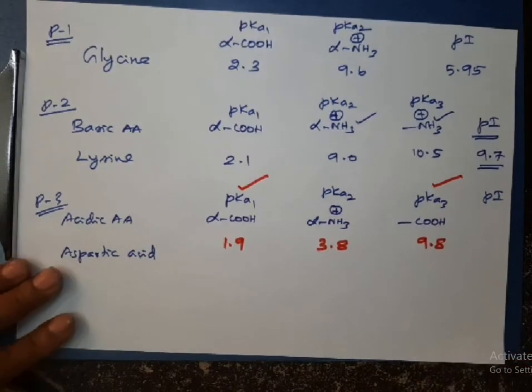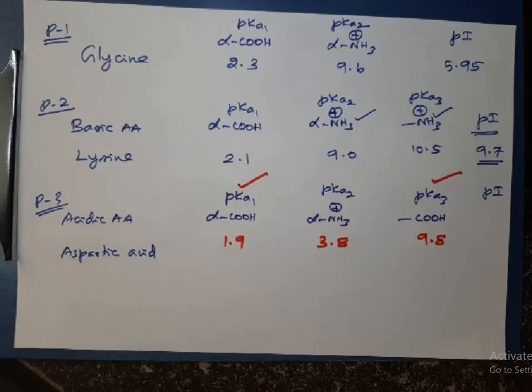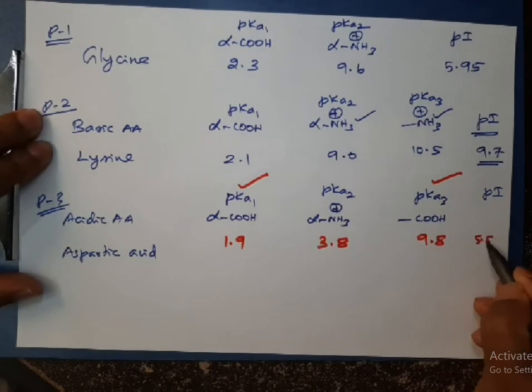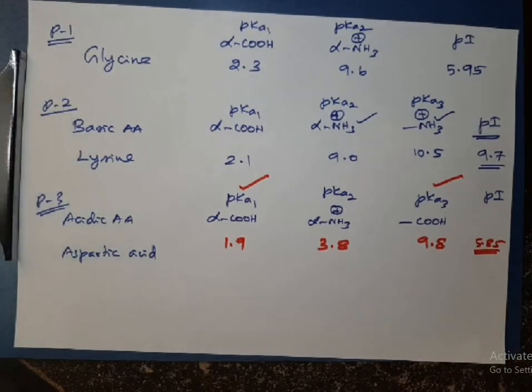Can you tell me the isoelectric point? 5.85, right? That's it. This is how we must do it for amino acids.